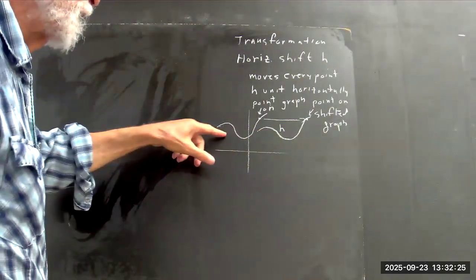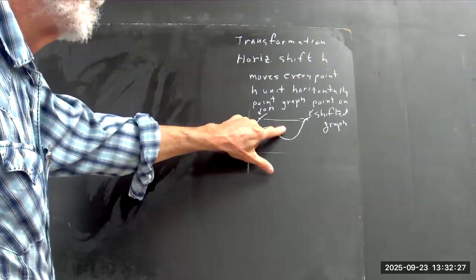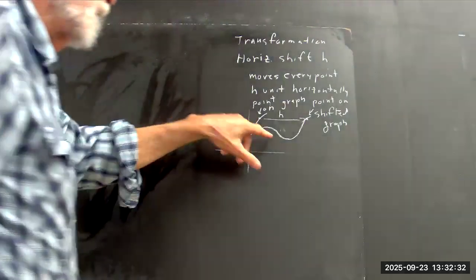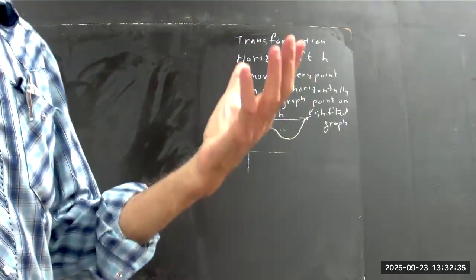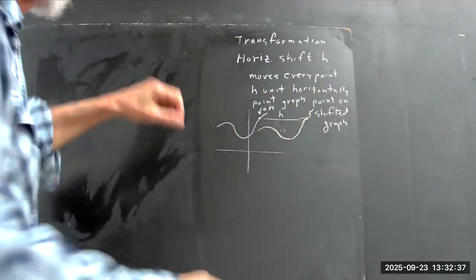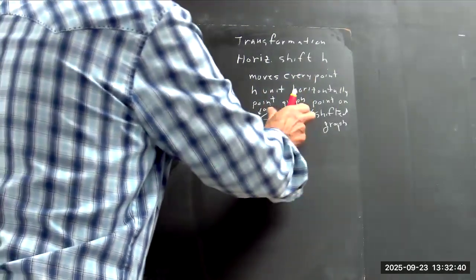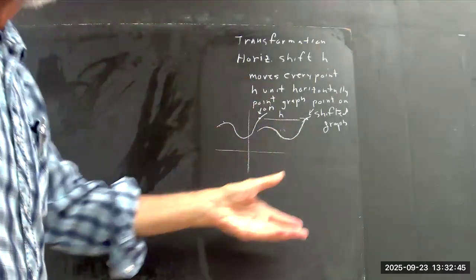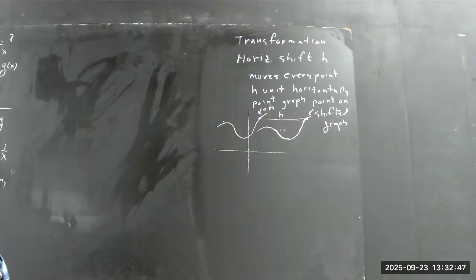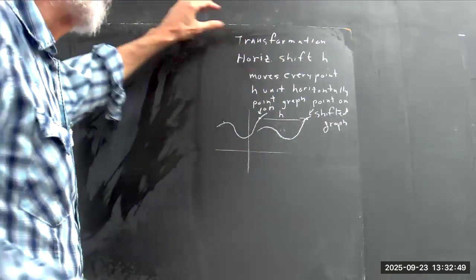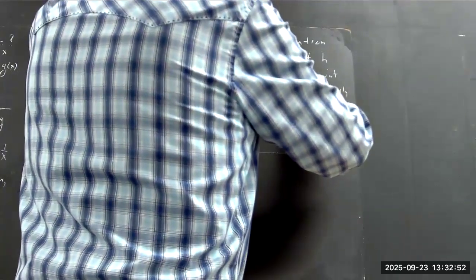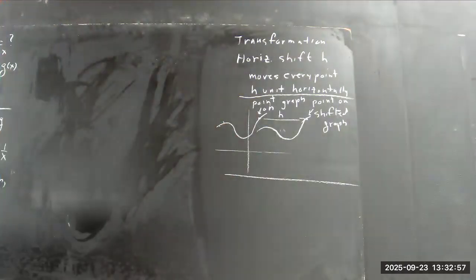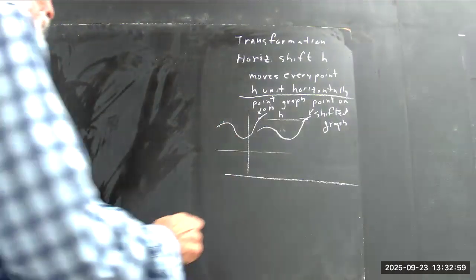Okay, can you see that this graph is shifted to the right relative to this one? Make sense? If you take every point here and draw a little arrow this long, it's going to take you to the point on this graph. I'm not going to draw all those points because it confuses the picture. I think you get the idea.